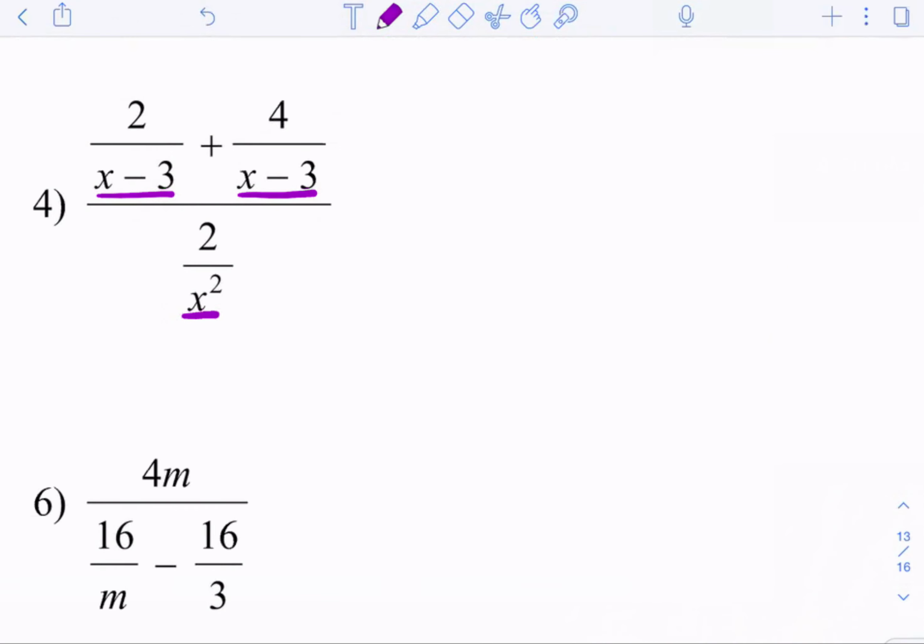This is a little different because up here, we're missing the x squared, and down here, we're missing the x minus 3. So your common denominator is actually to multiply them. We're going to leave the x minus 3, but I also need to multiply an x squared.